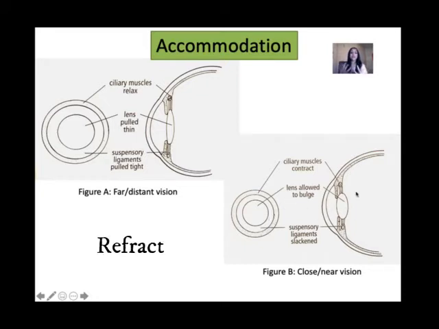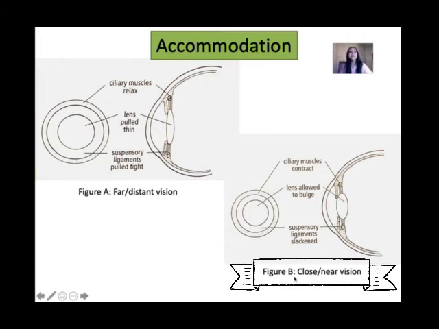Okay? When do we get this kind of a situation where the lens is more convex and refraction occurs where the light has to bend for us to get a clear image on the yellow spot of our retina? When does this happen? It happens when we are looking at objects that are close or near to us.